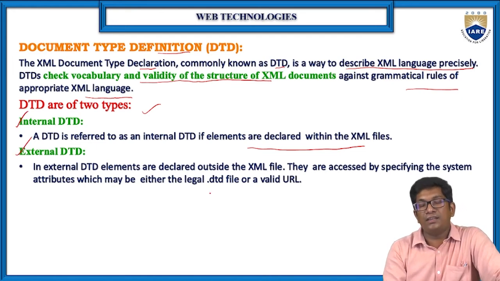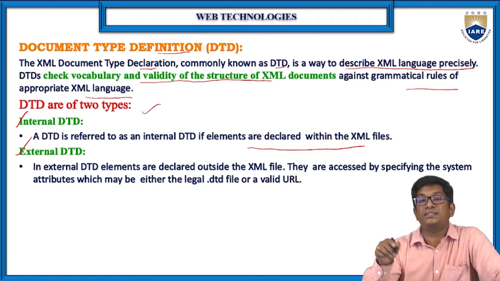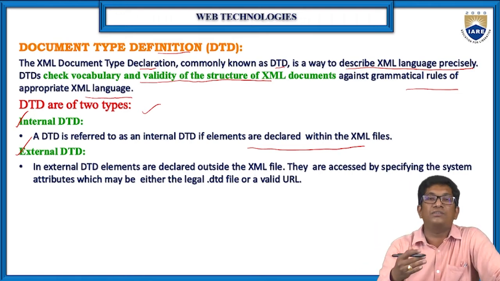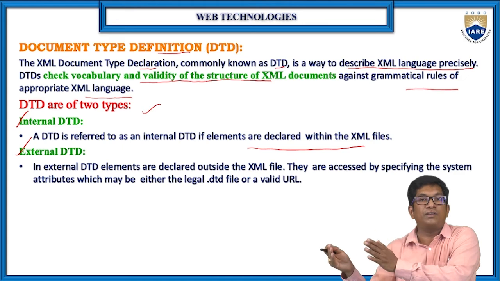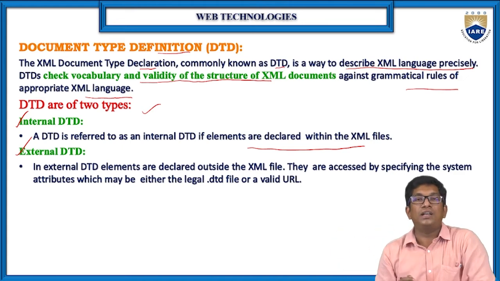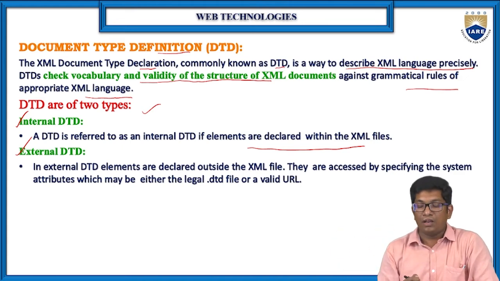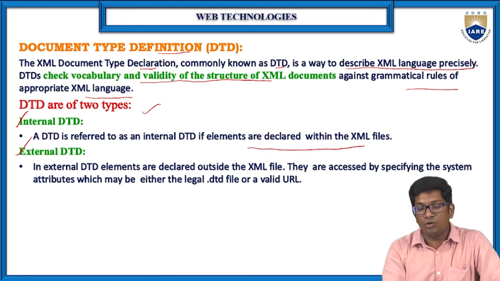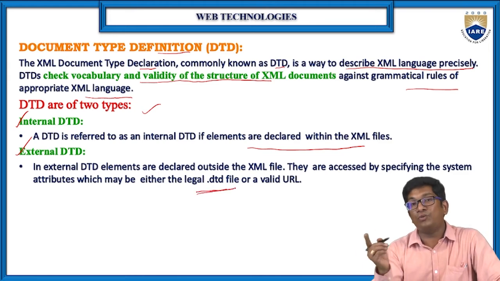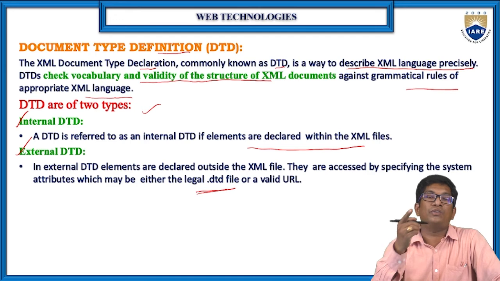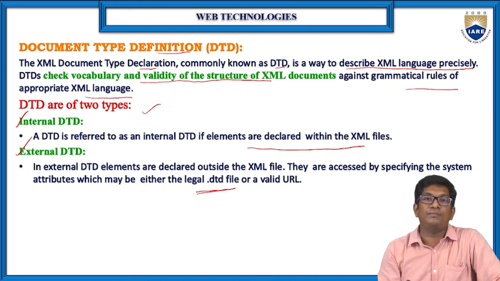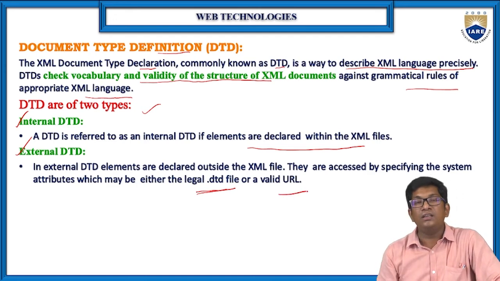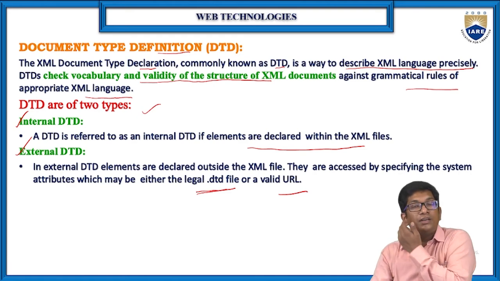In external DTD, elements are declared outside the XML file. The structure is declared outside your XML file, and you have to save that file with a .dtd extension and link that DTD file to your XML document.